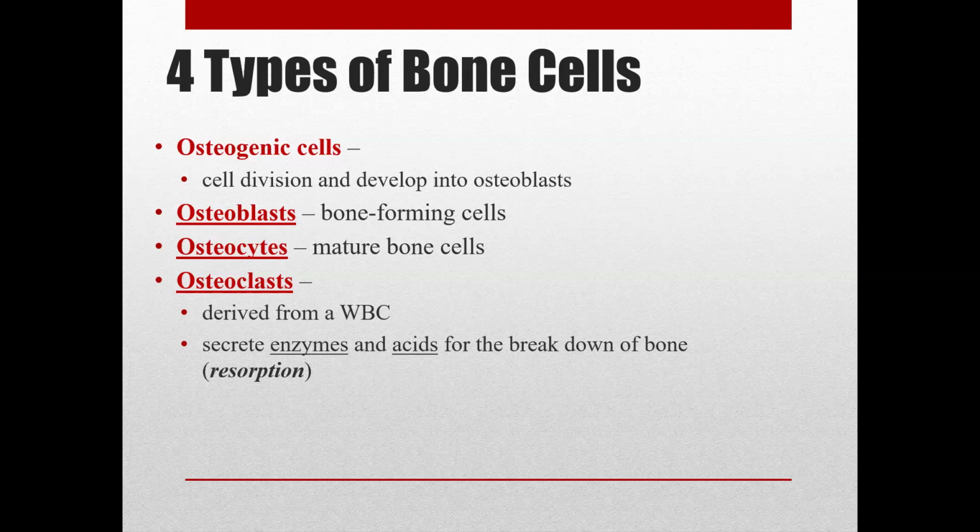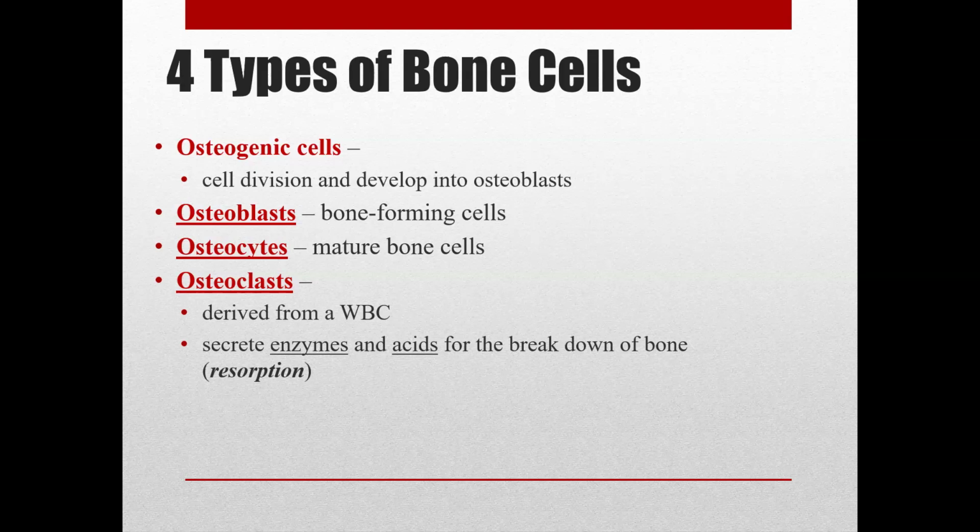Okay, we've spent, I don't know, 5-10 minutes on bone cells. If you had these in matching, would you know which one's which? Would you know which one is the stem cell? Would you know which one builds the bone? And would you know which one maintains the bone, which is the osteocyte? Now we know which one resorbs the bone and is used to help blood calcium levels.